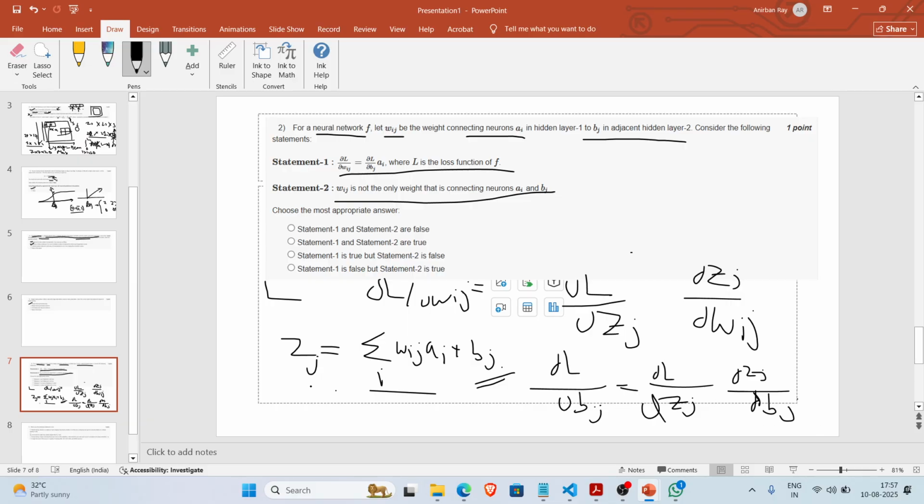When you're taking the derivative with respect to Bj here, this is not dependent on Bj. So ∂Zj/∂Bj is 1, so ∂L/∂Bj equals ∂L/∂Zj.